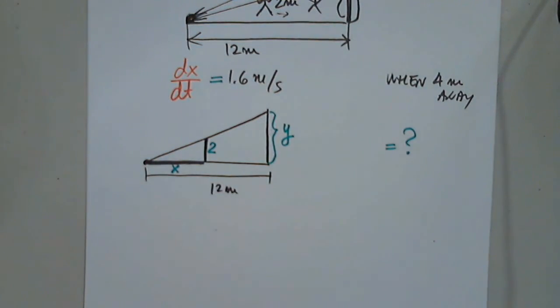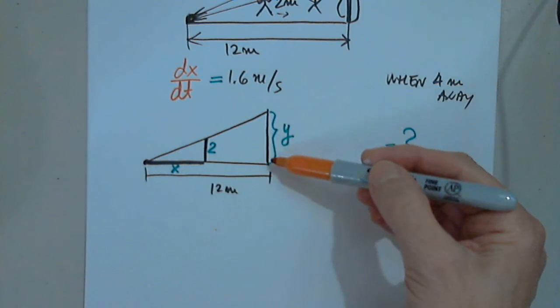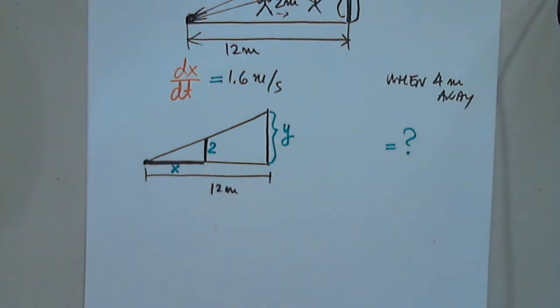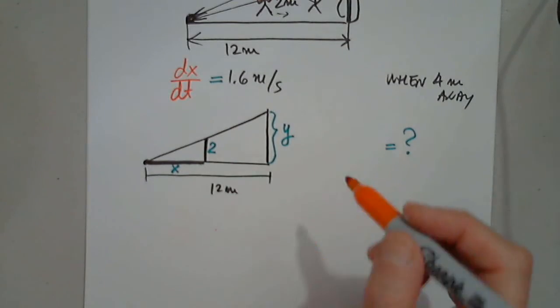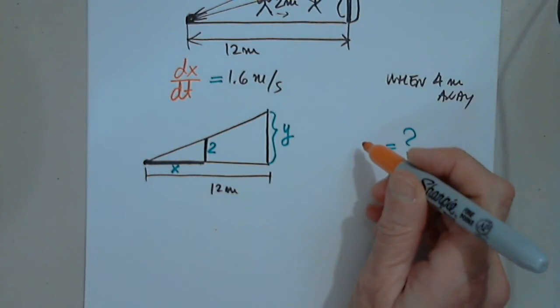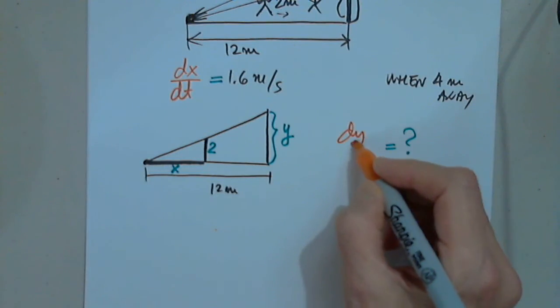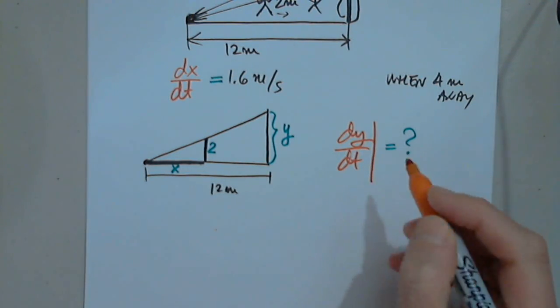What am I asked to find? How fast is the shadow changing at a particular instant? So what do I write here? dy over dt. Very good. Exactly.